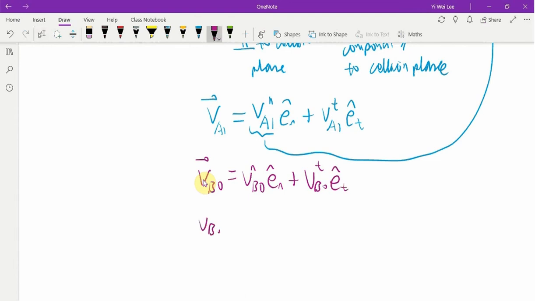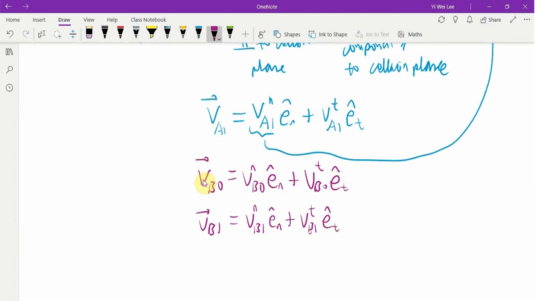We also know the velocity of particle B after collision must be resolved into the velocity of B1 normal to the collision plane, and the velocity of B1 parallel along the collision plane.